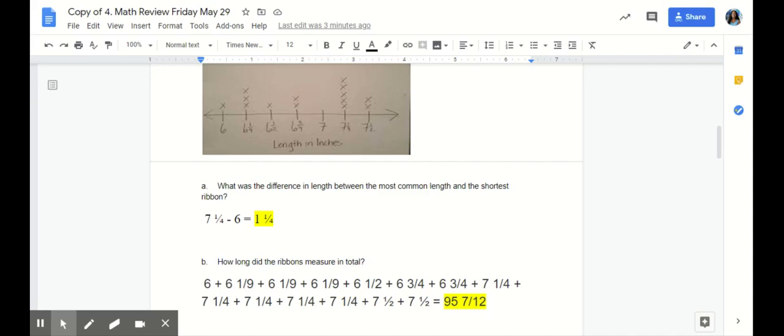So if you see my number sentence, you'll see that I start off with 6, and there's only one 6 because that represents one ribbon that is 6 inches, and so on and so forth. If you did your math correctly, your answer would be 95 7/12. So if you did not get this answer, go back and revise your work until you get the correct answer.